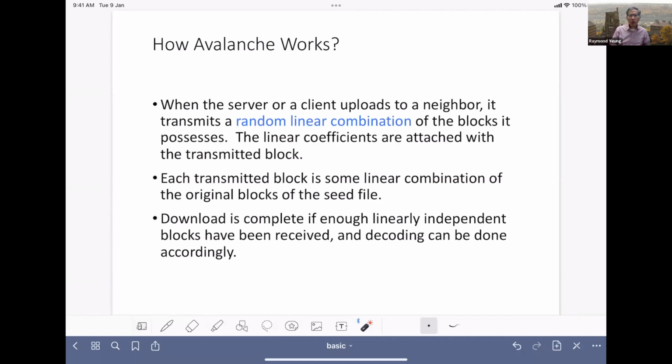Each transmitted block is some linear combination of the original blocks of the seed file, and download is complete if enough linearly independent blocks have been received, and decoding can be done accordingly.